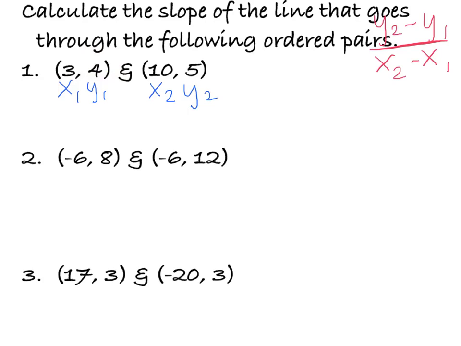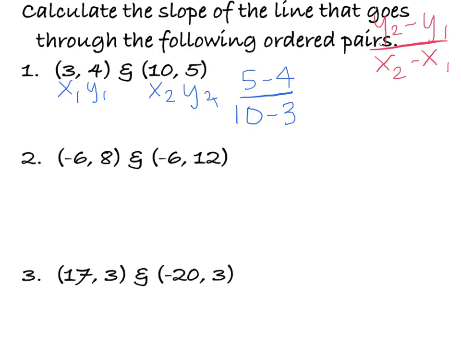All right, now I'm going to start substituting these values in. So I'm going to start with y sub 2 minus y sub 1. So my work is going to look like this. Y sub 2 is 5 minus y sub 1 is 4 over, okay, now I'm looking at my x's. X sub 2 is 10 minus x sub 1, which is 3.